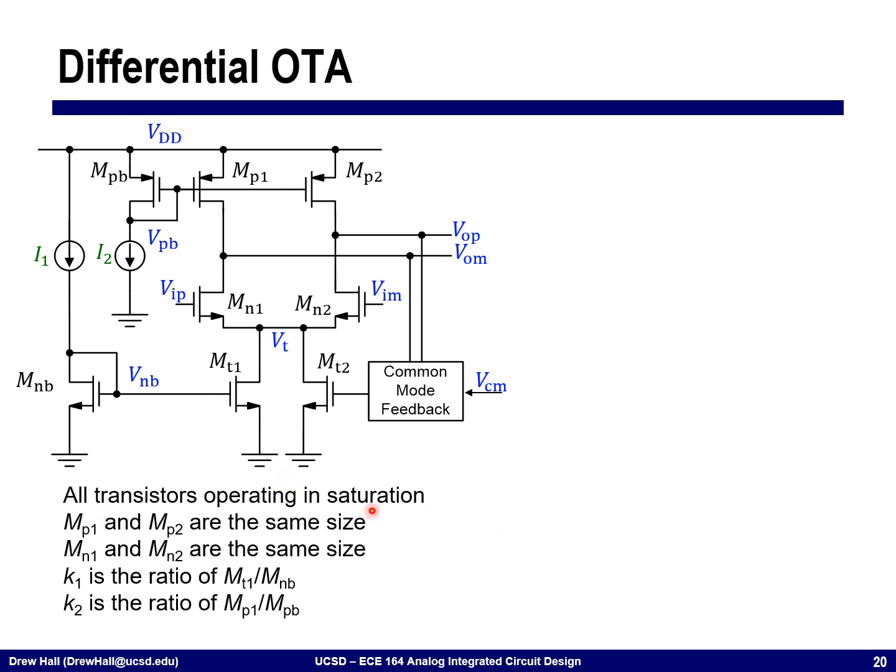All of the transistors are operating in saturation. MP1 and MP2, the load devices, are the same size. K1 is the ratio between MNB and MT1, and K2 is the ratio between these two devices. So we're simply allowing ourselves the ability to ratio the currents with K1 and K2.